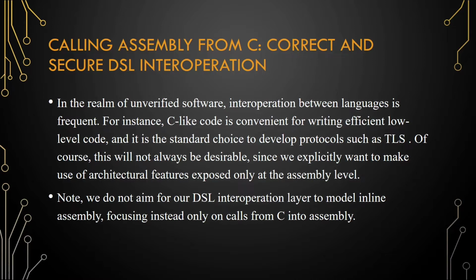Of course, this will not always be desirable, since we explicitly want to make use of architectural features exposed only in assembly language. We do not aim for our DSL interoperation layer to model inline assembly, focusing instead only on calls from C into assembly.